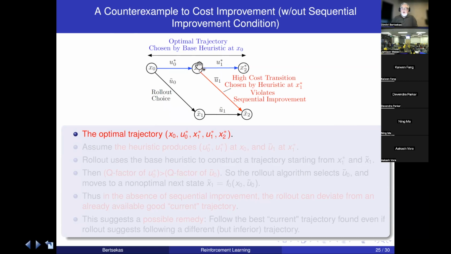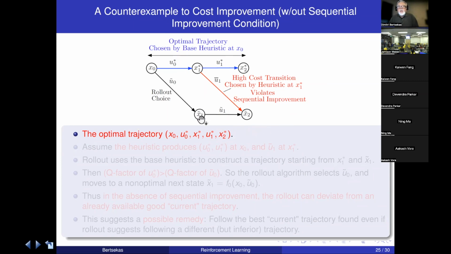From x1 star, we can go to x2 star with this control, or we can go to this x2 tilde using another control, which has high cost. I'm designing this example so that it is a counterexample to cost improvement.